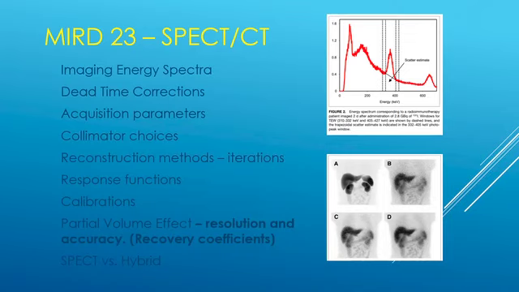Remember, MIRD just published several pamphlets, including Pamphlet 23, which does a very good job of explaining the basics of how to get this done, what different spectra you should be using. This is how to correct for scatter using the triple energy method, if there are dead time corrections, what collimator choices, what reconstruction method, iterations, response functions, etc., etc.